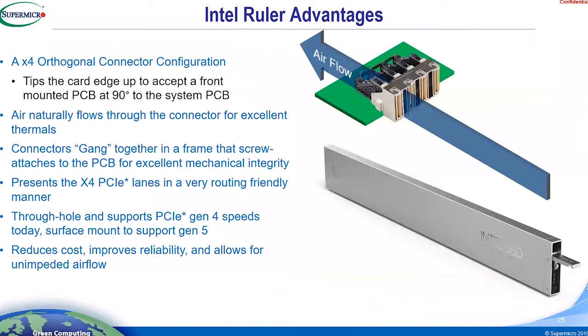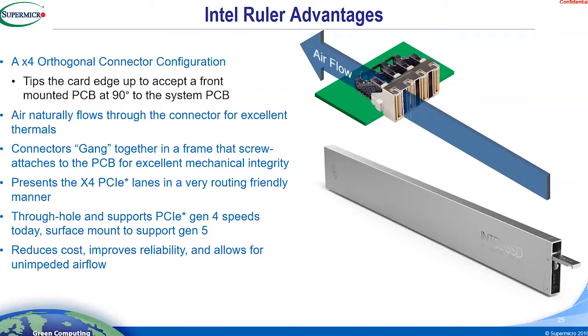But the real advantage of going with the Ruler design is this ability to not have that blocking airflow with the backplane. You'll notice here in the upper right-hand corner, the backplane, instead of being vertical and blocking the airflow, lies down flat and has a vertical connector that allows the air to flow right through it.